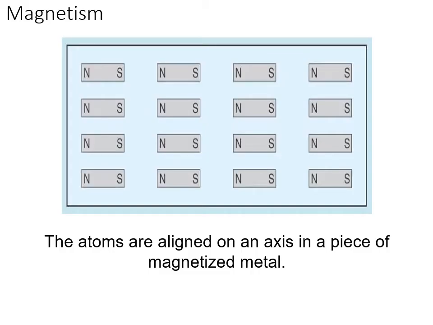So if all these little domains, represented here by a bunch of little bar magnets with north and south poles, can all be lined up the same way, if we can put pressure on them somehow, then the material will become magnetized, where all the little magnets will come together to form a larger magnetic field.